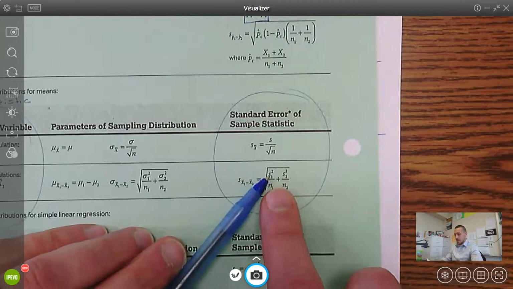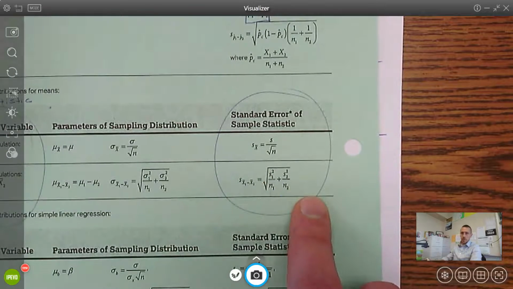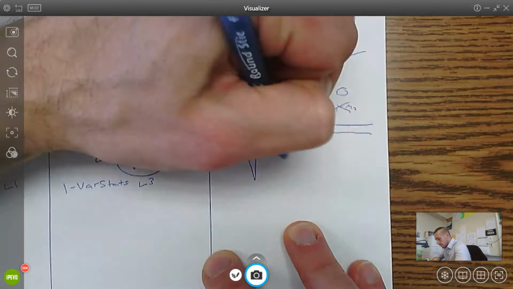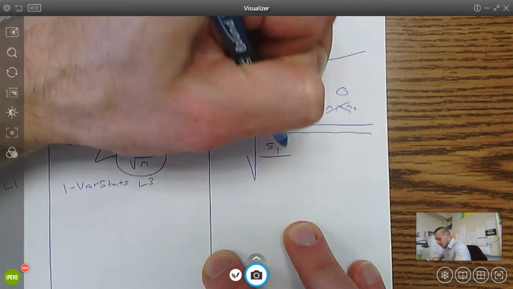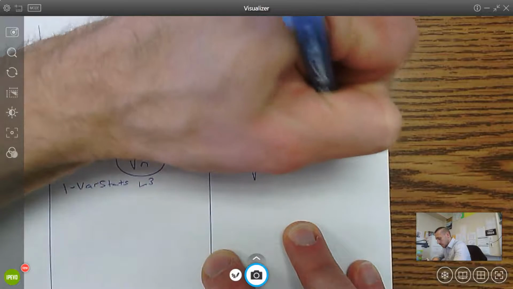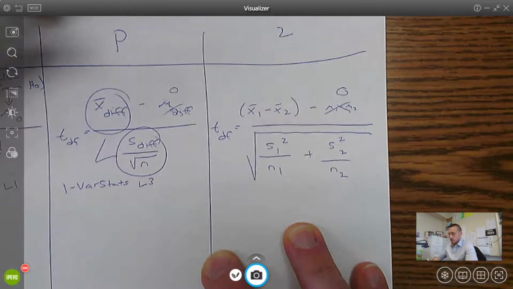So I'm adding the variances, so the standard deviation squared for each group, divided by the respective sample size. So this is going to be the sample standard deviation from group 1 squared, divided by the sample size for group 1, plus the sample standard deviation for group 2 squared, divided by the sample size for group 2.